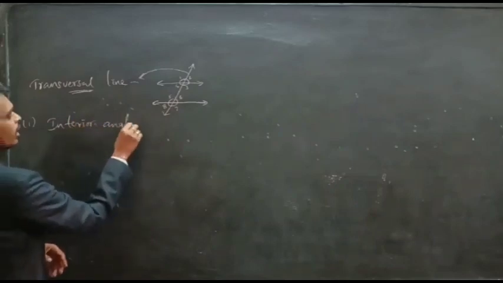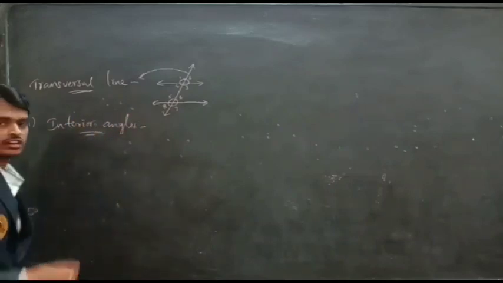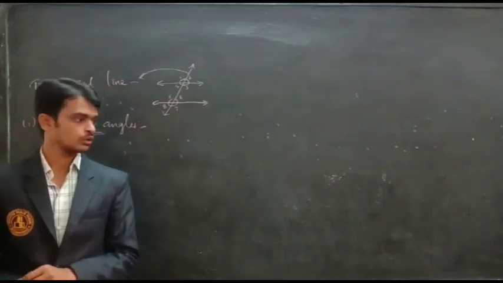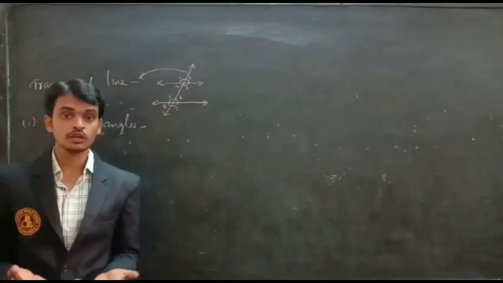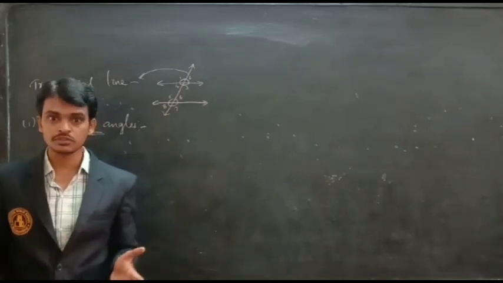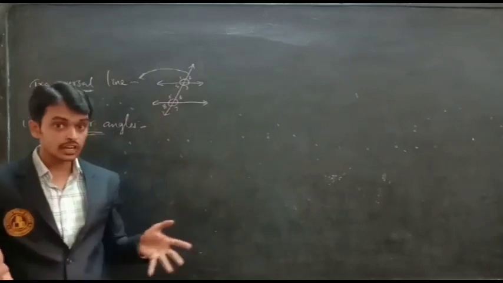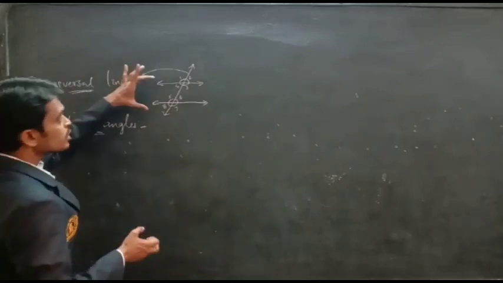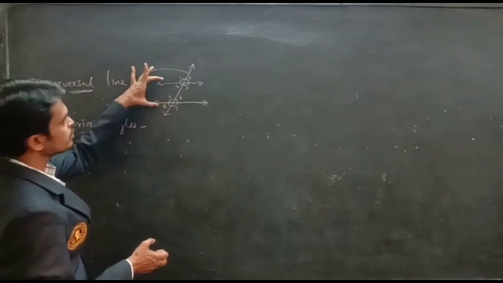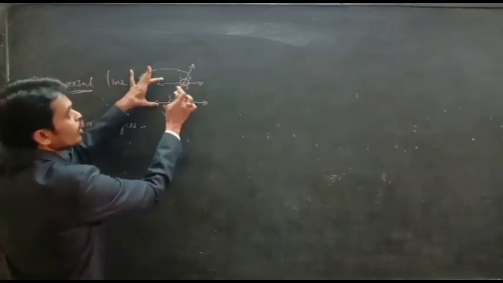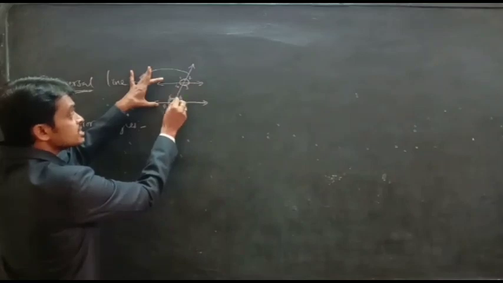Interior angles. When you go to your friend's house, you will say your interior decoration is very good. Interior decoration means the inside of the house. So inside, nothing but between the two lines, which are the angles 3, 4, 5, 6.